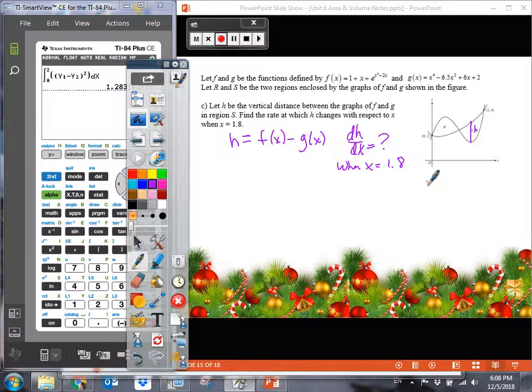So what do we need to do? We need dh/dx, which luckily is not dh/dt. That would be a little difficult, with some crazy looking graphs and in the calculator portion. So they wanted dh/dx. Basically, we just need to use the calculator to find this particular derivative.